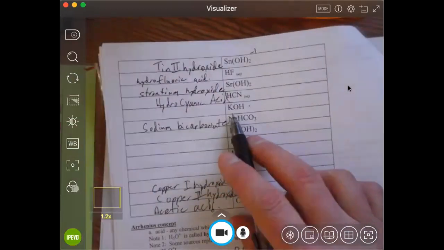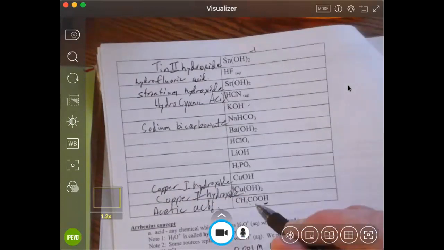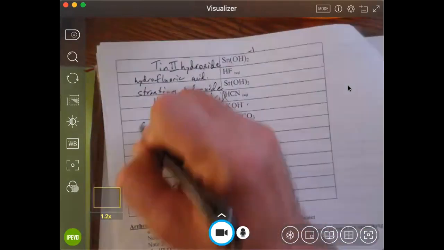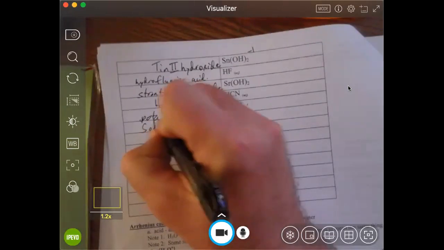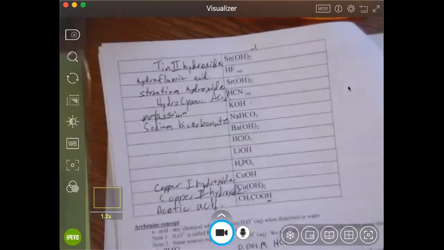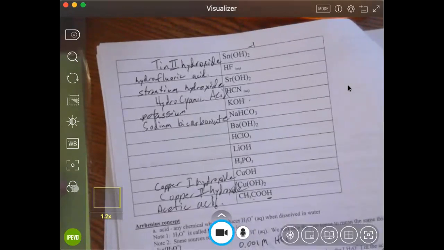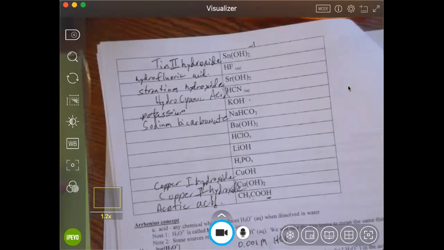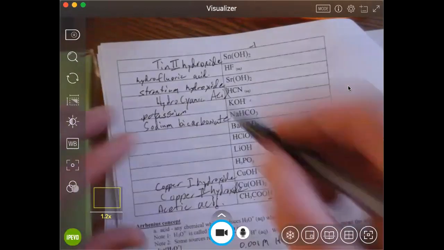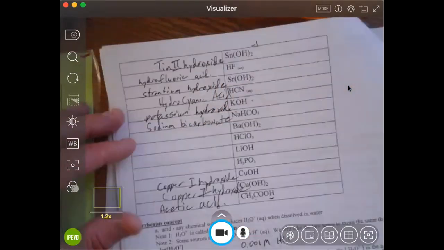Here we have K. Does anybody know what K is? Very good. Potassium. Didn't have to look it up. Is potassium in group 1A, 2A, silver, zinc, or aluminum? Group 1, right? So that is potassium hydroxide. No Roman numeral needed.